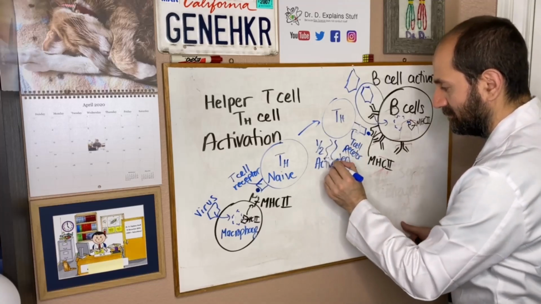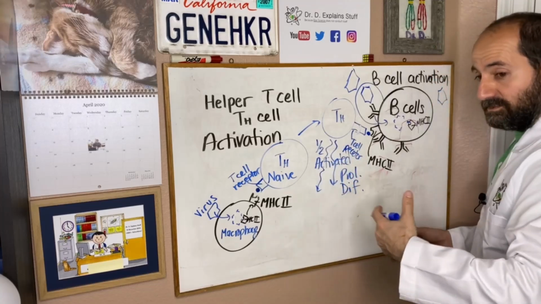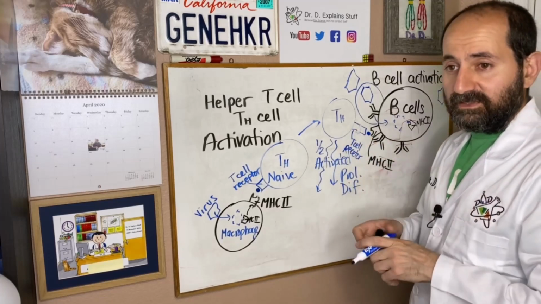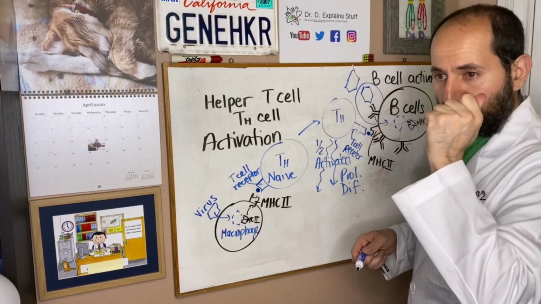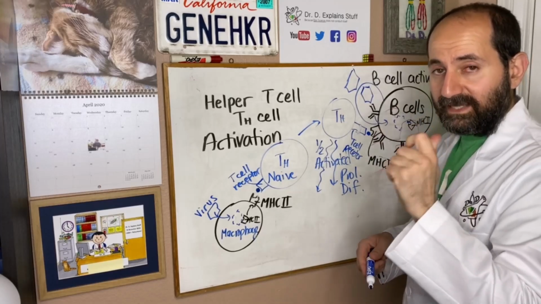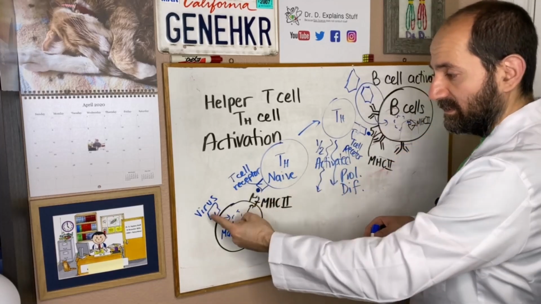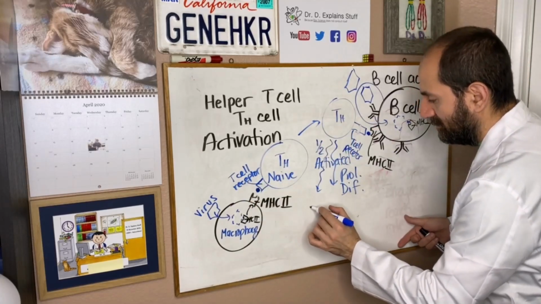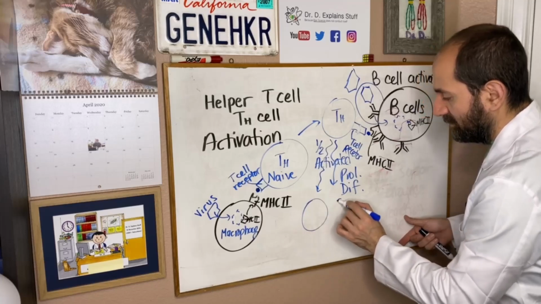So what does that mean? It's going to copy itself because now it realizes it has a very important key. It has a very important T cell receptor. It has the T cell receptor that can recognize this intruder, this virus. So it's going to make many, many copies of itself. Okay?